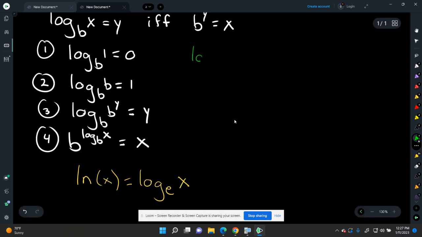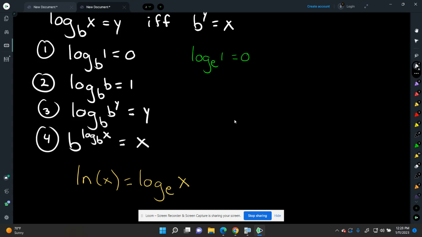But if we had log base e of 1, what would that equal? According to our properties, what would that equal? 0, right? Doesn't matter what the base is. Okay, so therefore, instead of log base e, what are we going to write?